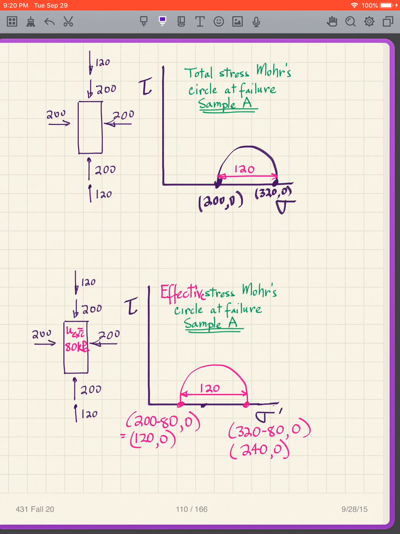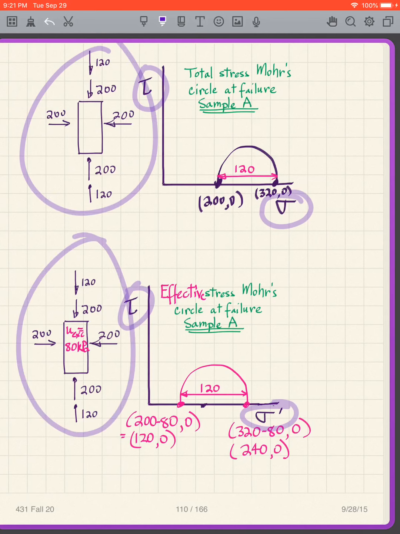Now I want to look at sample A, for instance, and I'm going to plot it. This is another issue that you need to look at. This doesn't get us totally through the problem, but I want to observe this following thing. I can plot sigma versus tau, or I can plot sigma prime versus tau for the same, this is the same.